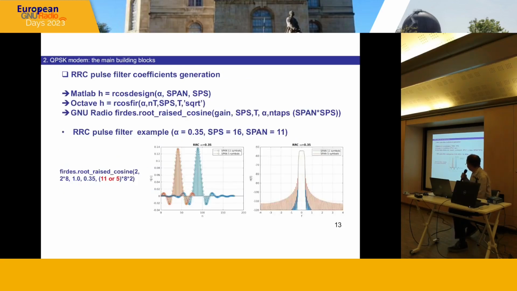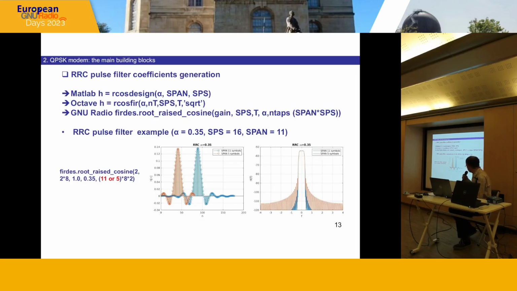So you see, I tried with 3 software packages. The reference for me was MATLAB, of course, because I know these functions and I know exactly how they work. You've also got Octave and the GNU Radio FIR design with the root raised cosine. I just checked the realization of my filter using this software.